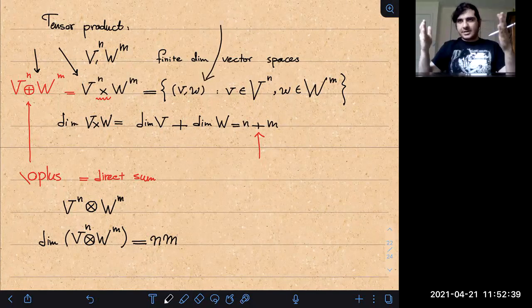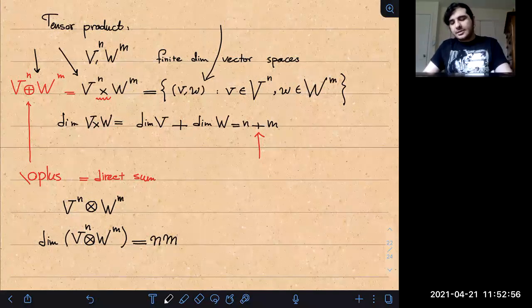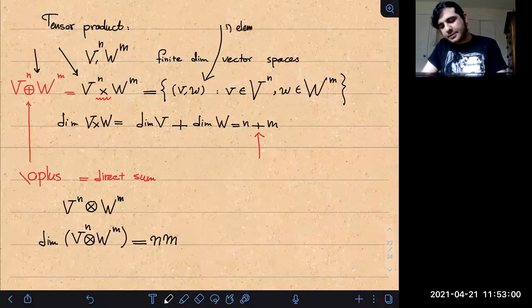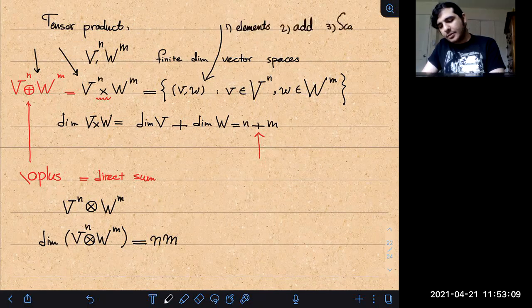So first we told you what are the elements of this new vector space. And then we defined what is the addition on this vector space, and then what is the scalar multiplication. So there are three things we should do: what are the elements, and then what is the addition, and then what is the scalar multiplication.